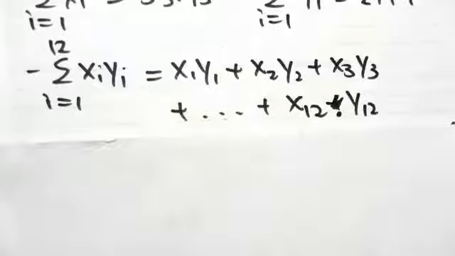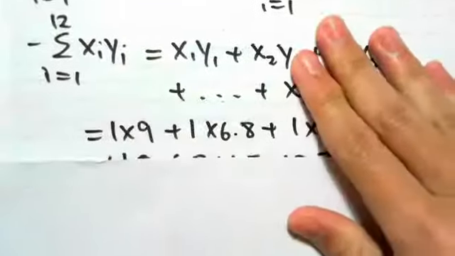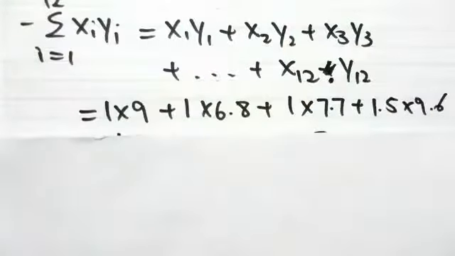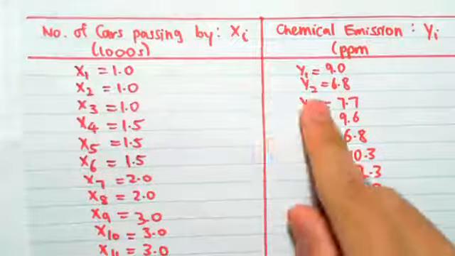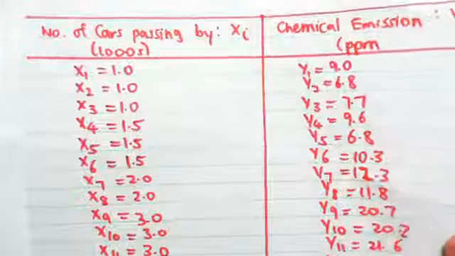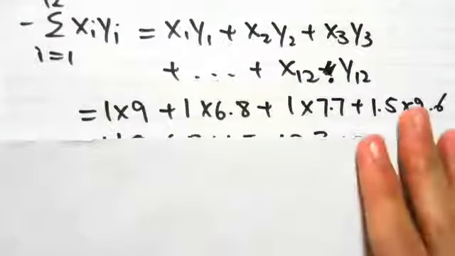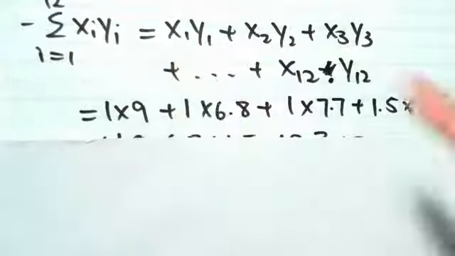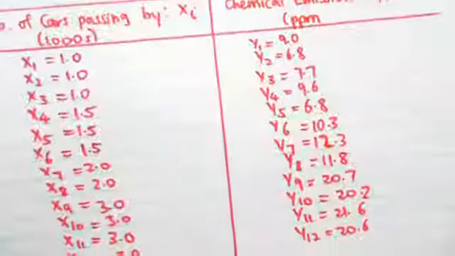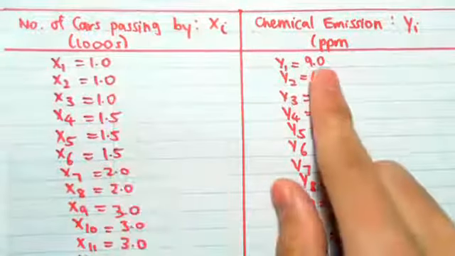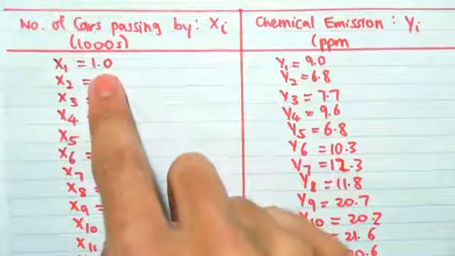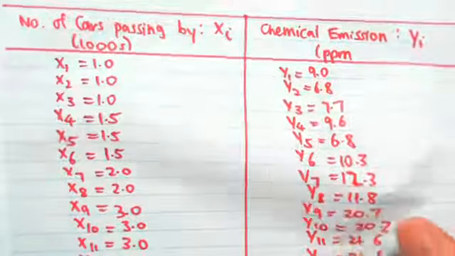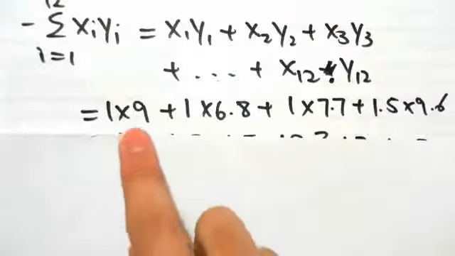So plugging in all the numbers, remember the x1 y1, x2 y2. Firstly, in our equation we have x1 times y1. Remember it was 1 and 9. Remember the data was in the thousands, so I simplified it into ones. So 1 and 9.